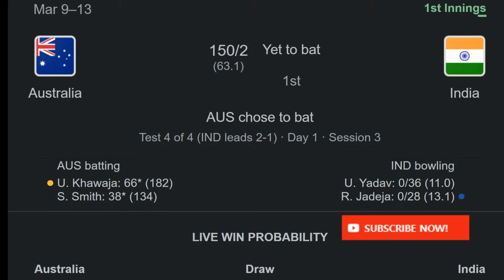Back foot defense by Khaja. Plays the ball towards long leg region. 1 run taken, 151 for the loss of 2 wickets. Khaja moves to 67.